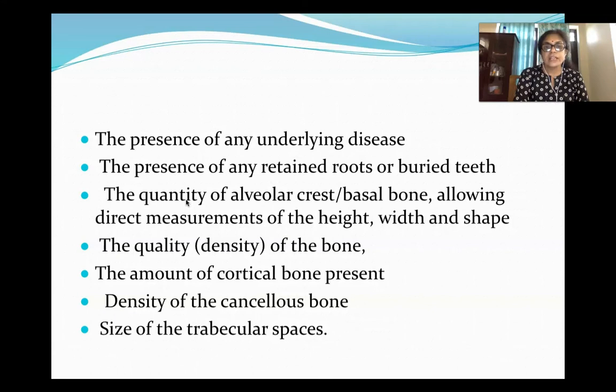They also show the presence of any underlying disease, any retained roots or buried teeth, and the quantity of alveolar crest and basal bone, allowing direct measurement of the height, width and shape. The quality or density of the bone is also measured: the amount of cortical bone present, the density of cancellous bone and the size of the trabecular spaces.